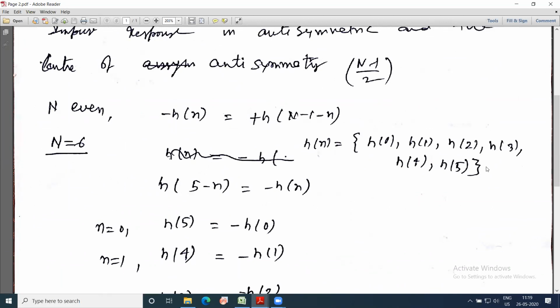With respect to the center of antisymmetry, which is n minus 1 by 2 in general, there are equal number of points. So whether it is symmetric or antisymmetric, you have equal number of points. The only difference is in case of antisymmetry, even or odd, in every case we have an additional phase pi by 2 in the frequency domain. And another important thing, in case of n equal to odd, your center of antisymmetry becomes 0. This is what I have said.